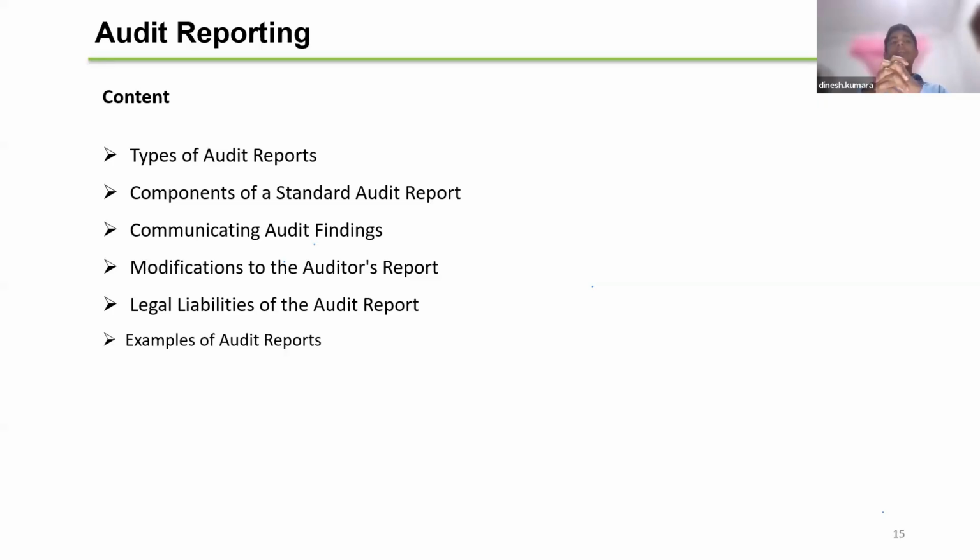From the introduction until audit reporting, we have some important modules to ensure that you gain the proper knowledge and technical background of internal audit.